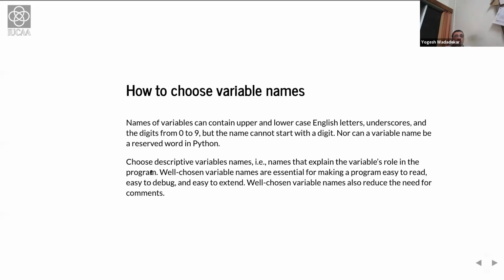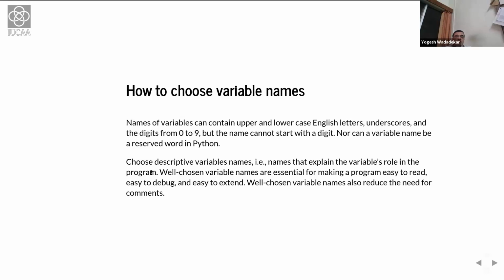You're supposed to choose descriptive variable names, names that explain the variable's role in the program. For reasons of brevity, I have used the variables a, b, c, etc. quite extensively in the code snippets presented in this course. But please, when you write your own programs, don't use variable names like a, b, c, x, y, z, etc. That's a bad idea.